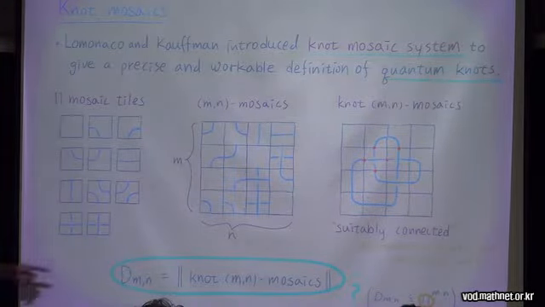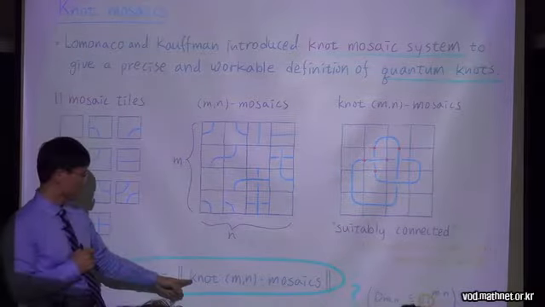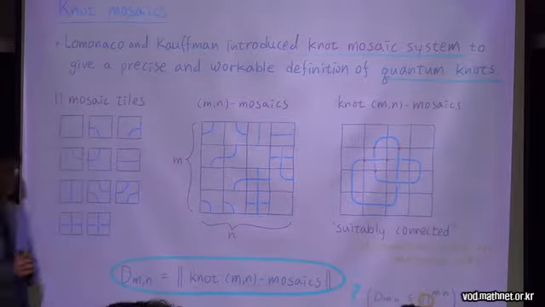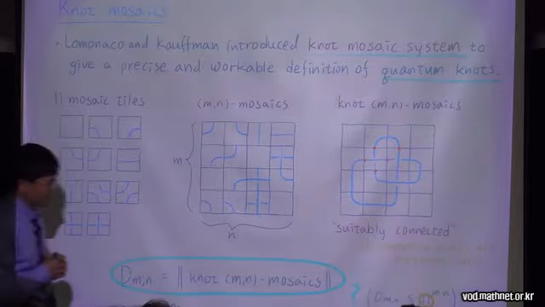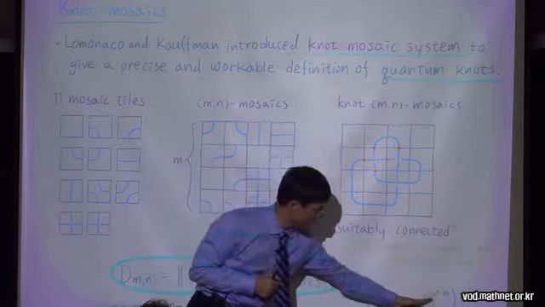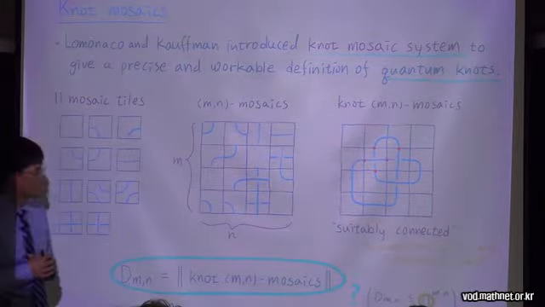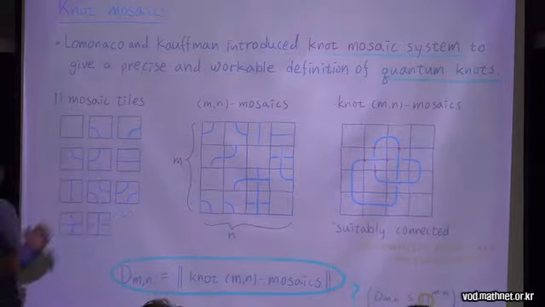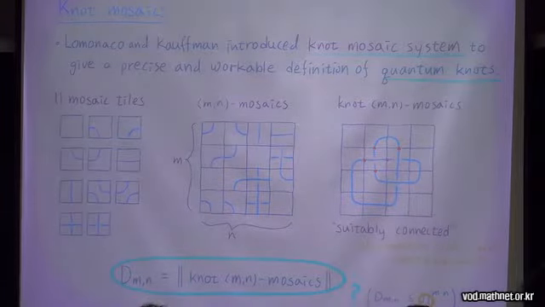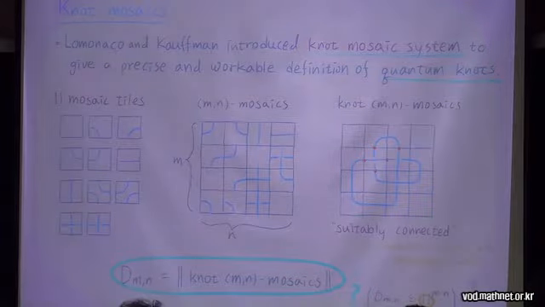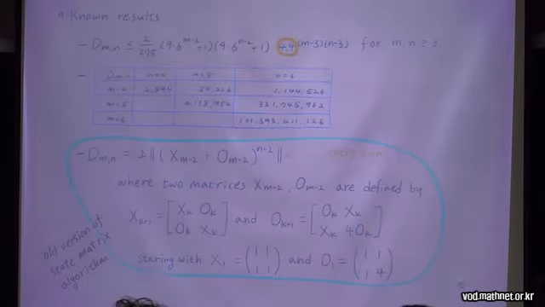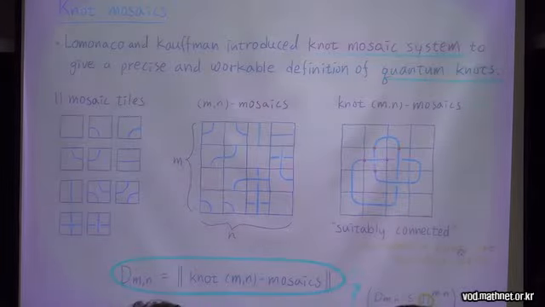So here d_mn is the total number of knot m by n mosaics. Actually, that has an easy upper bound of 11 to the mn, because each tile has 11 choices, right? So you don't care about the number of components in the knots? Oh, we don't think about the number of components. Yeah.